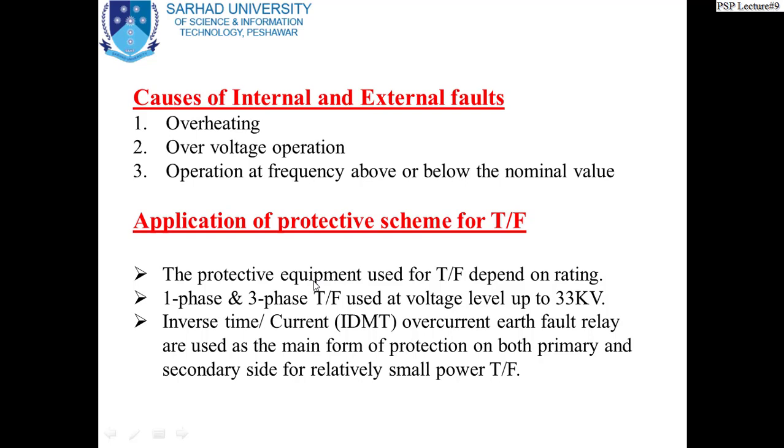But still we cannot totally omit the chances of fault. Like a generator is rotating equipment and there may be a lot of mechanical and electrical problems, and we will cover those when we go to the chapter on generator protection.